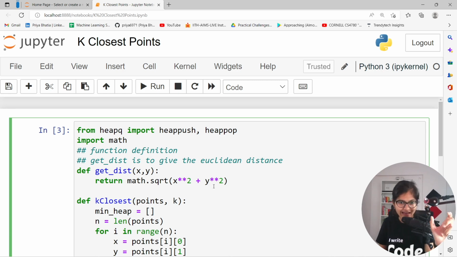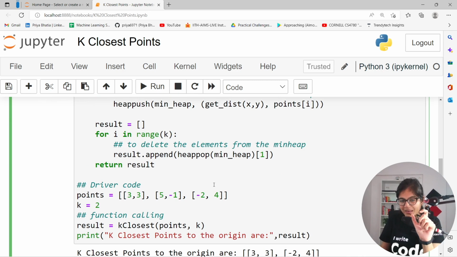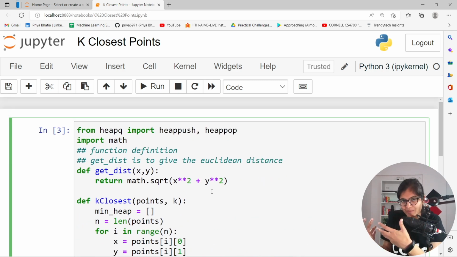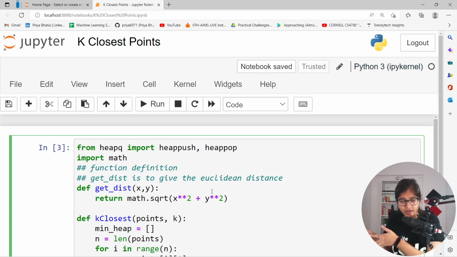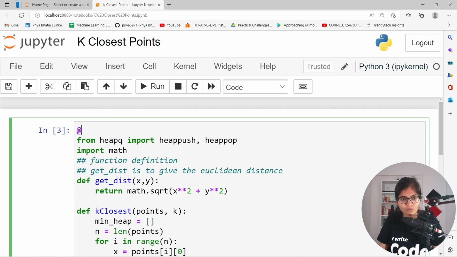Now your assignment is to tell me what should be the time complexity required for this task, because you know the time complexity of insertion and you know the time complexity of deletion. So tell me what you think is the time complexity for the code mentioned below.